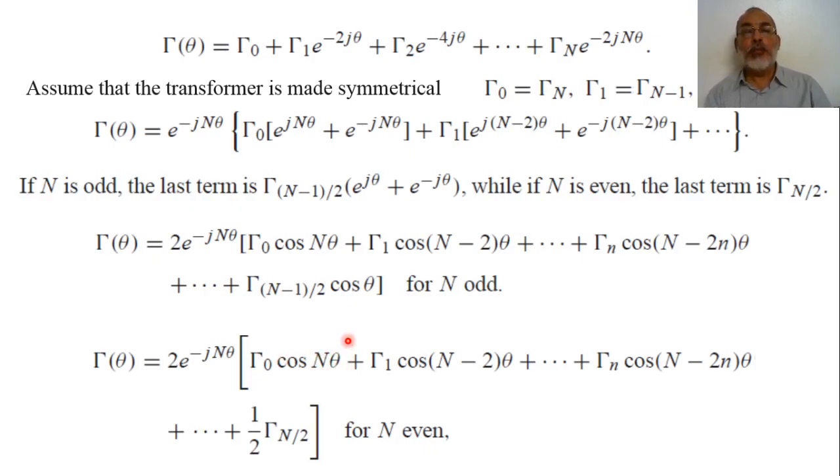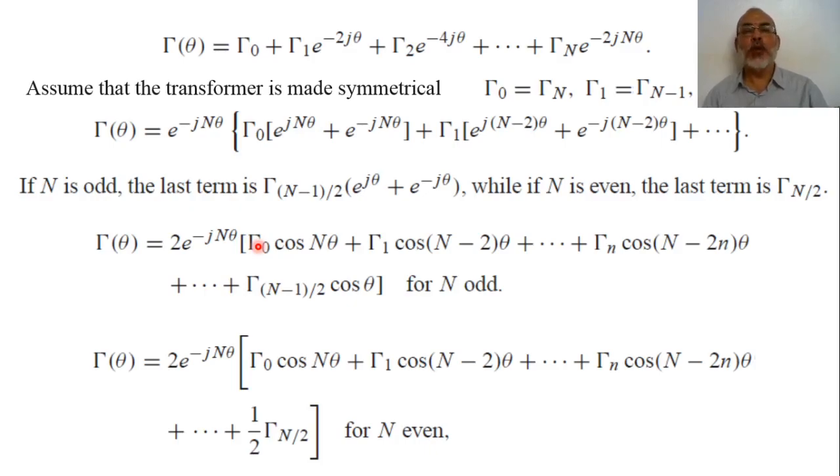Now, by choosing the appropriate coefficients gamma naught, gamma 1, gamma 2, gamma n, we are choosing the appropriate coefficients for this Fourier series.